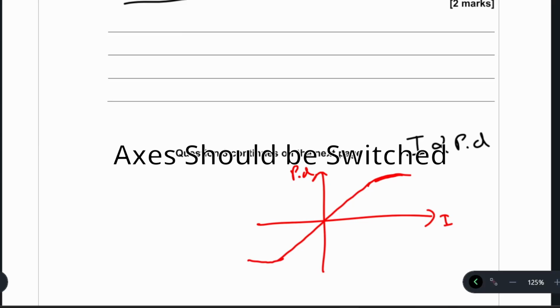At the top end, it stops obeying Hooke's law, and the temperature heats up when you get to very high currents. As a result, the resistance increases. Because the resistance has now increased, it's no longer constant, so you don't get a constant gradient, and therefore we have a curve in our graph.